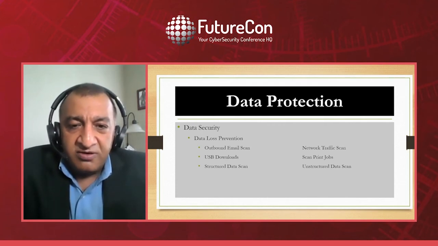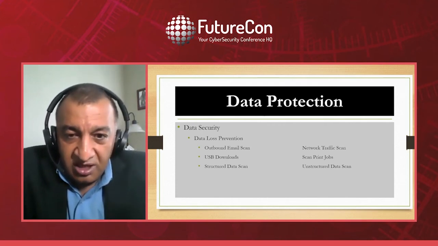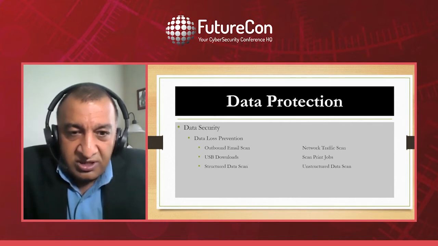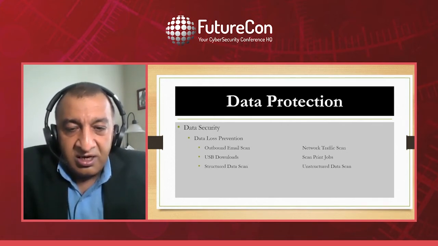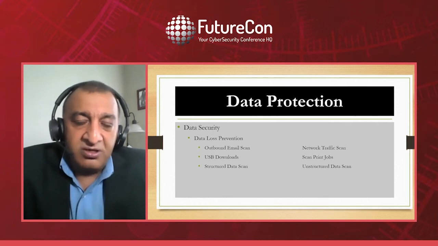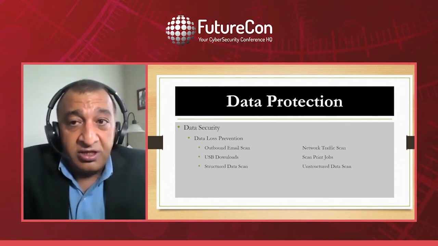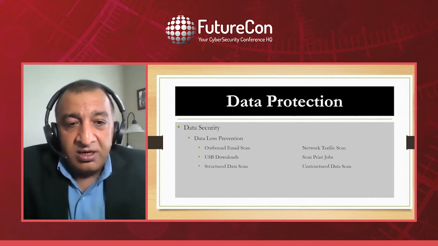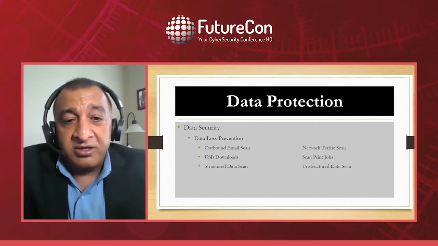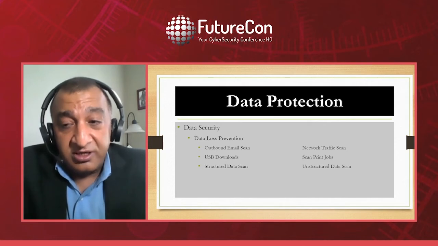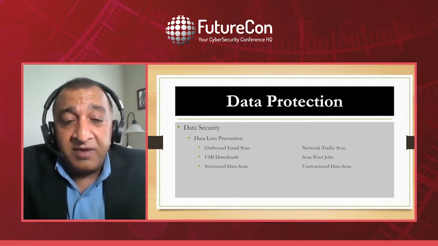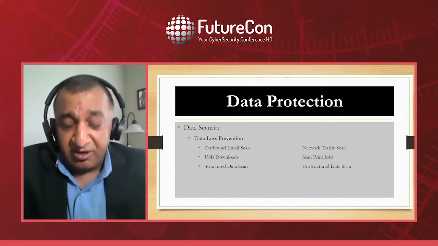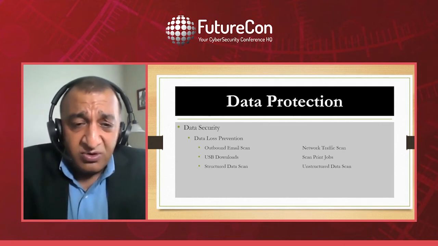So some of these different channels of DLP: you scan your structured data and unstructured data. On a quarterly to yearly basis, you should go back to your lower environment where you masked your data and scan those lower environments, just in case people have bypassed that masking and put real production data into the lower environment.